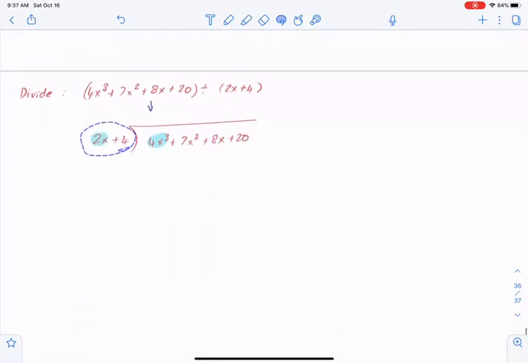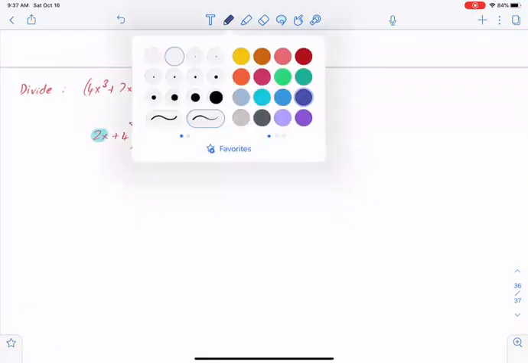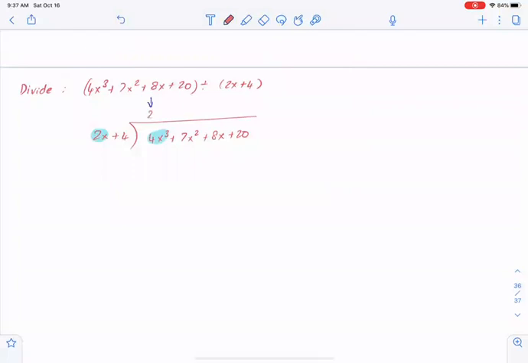So that expression is 2x squared. 2x squared times 2x is 4x cubed. 2x squared times 4 is 8x squared.